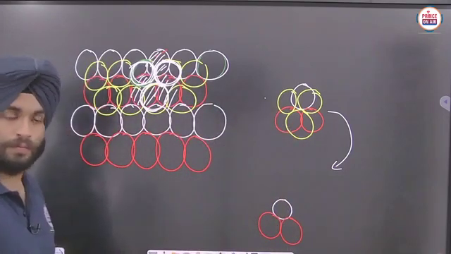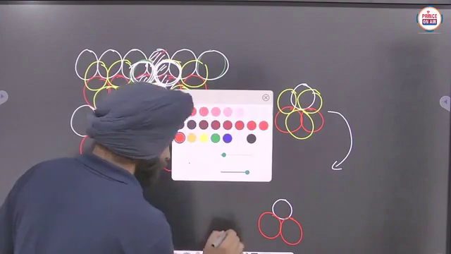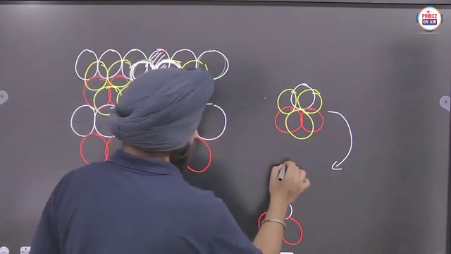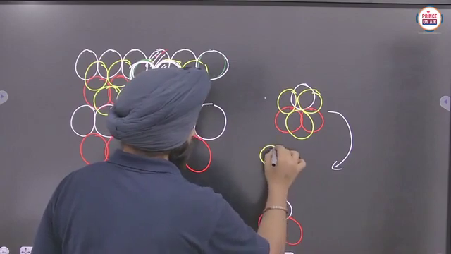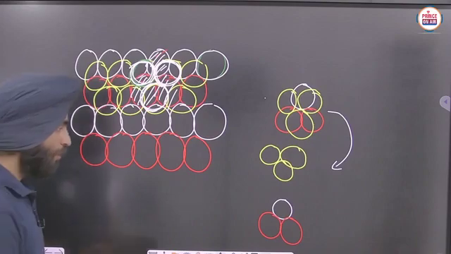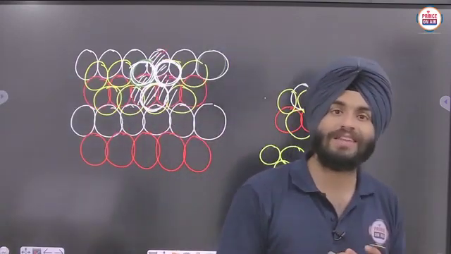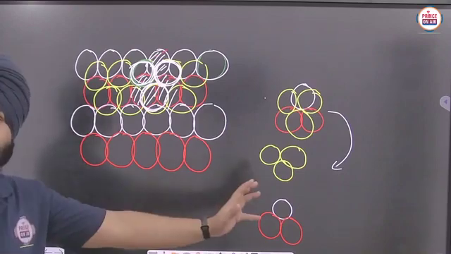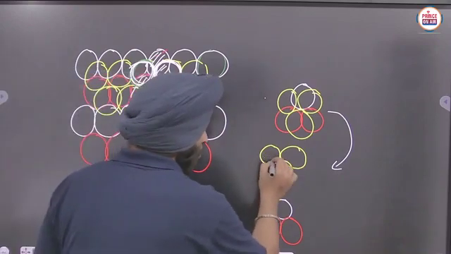Clear? And then clear? So if you join these centers, they will form an octahedral shape.